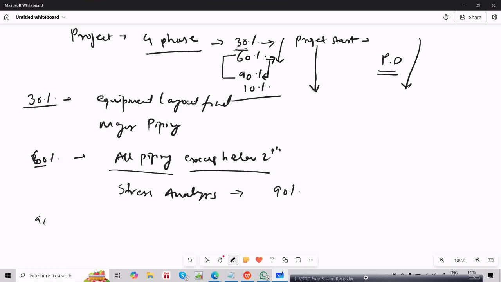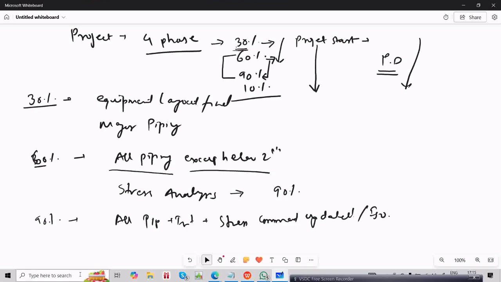And now what is happening at 90%? All piping plus instrumentation plus stress comments are updated, and ISOs start to be released. Now, when a project starts, the client pays 30% of the total amount of the project.